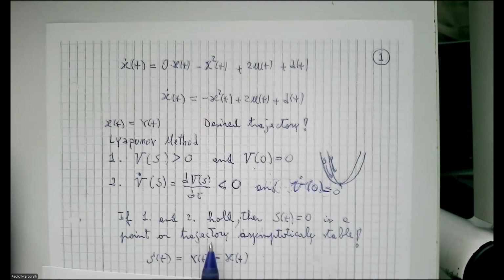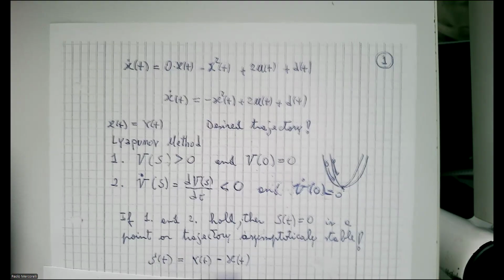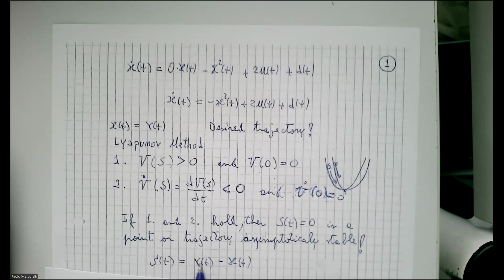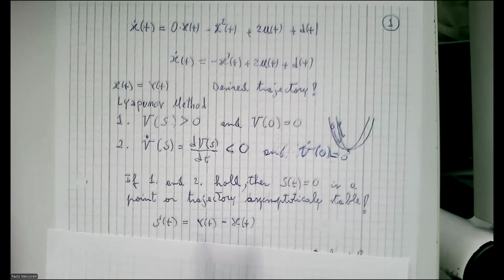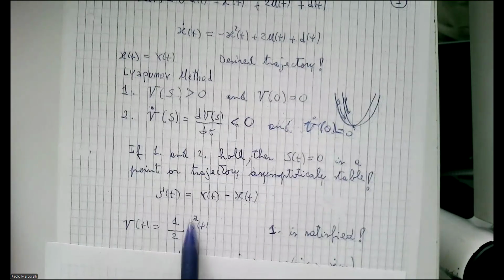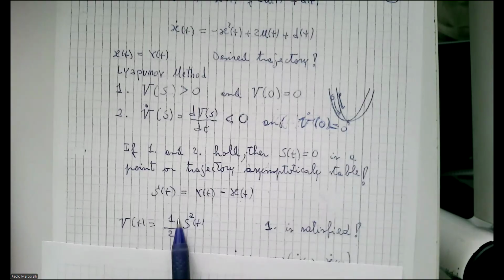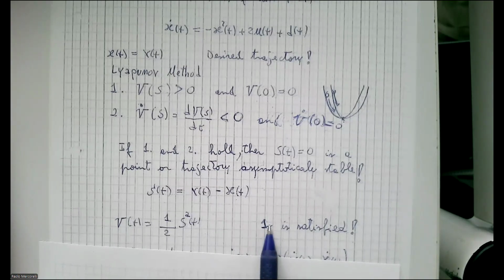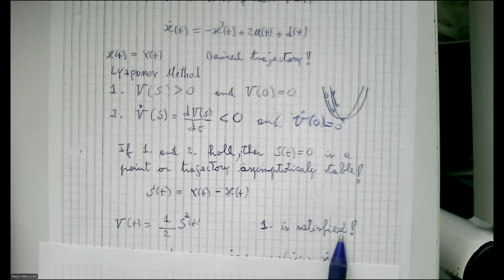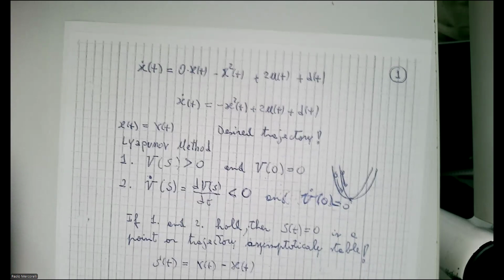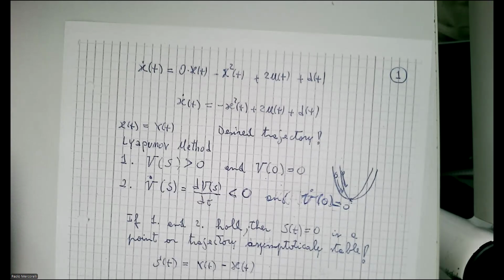Let me consider now again, as I told you, this easy s of t, the error between r of t and x of t. Now, if I consider this v of t, 1 divided by 2 s squared, of course condition one of the theorem is satisfied, because v of s is positive.